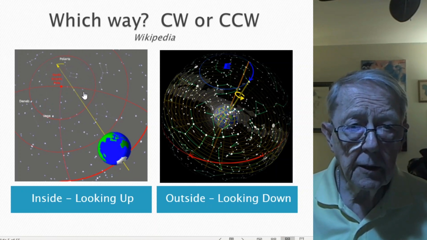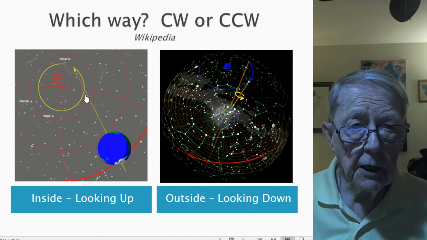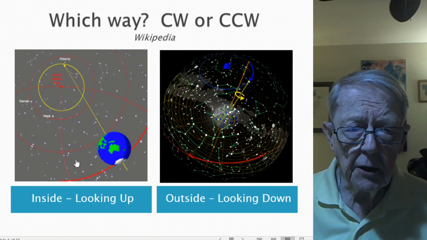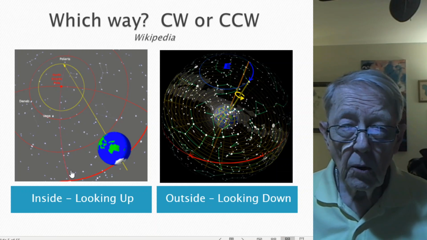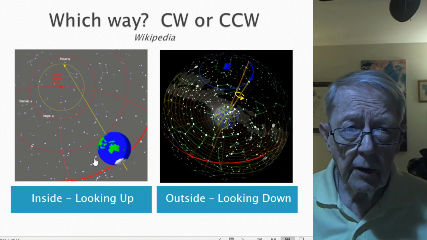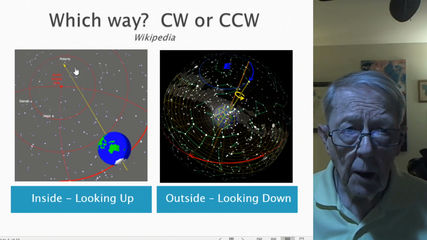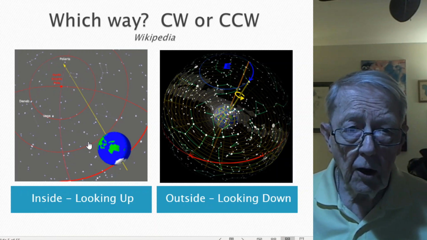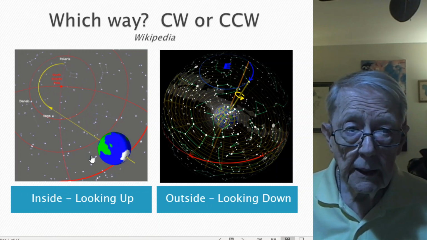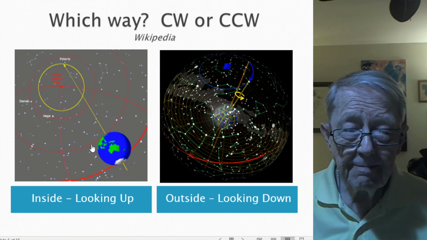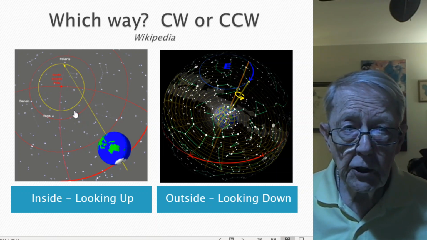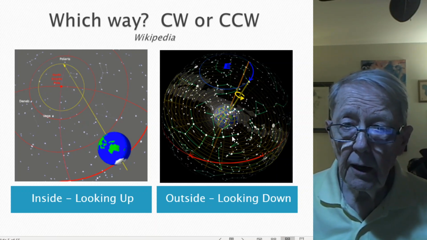Well, yeah, it's supposed to precess counterclockwise. That looks good, but we're looking at it from the Earth up. We're looking at what I call inside up. And I'm not sure that that's the right view.